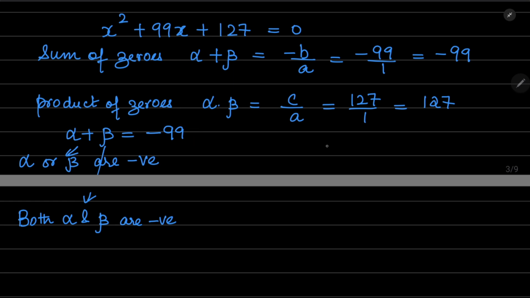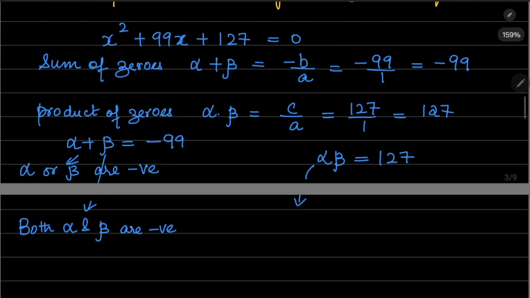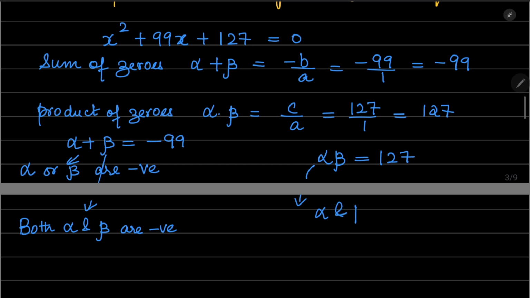Now let us talk about the product. If alpha multiplied by beta has to be 127, again there are cases: alpha and beta are both positive because the product is positive, or both negative, since negative into negative is positive. That could also be possible, right?